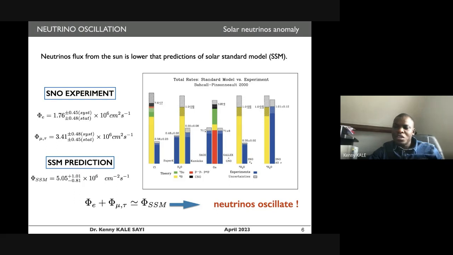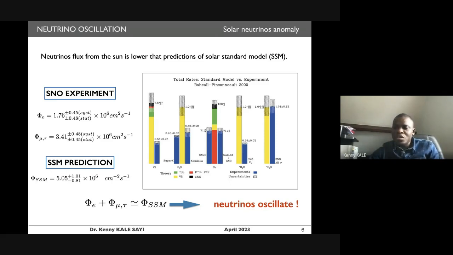Okay? So this means that the original neutrinos from the star, which is the sun, were only electron neutrinos, but during the travel from the sun to the earth, they changed flavors. So when you measure the three flavors, you find the number predicted by the theory.